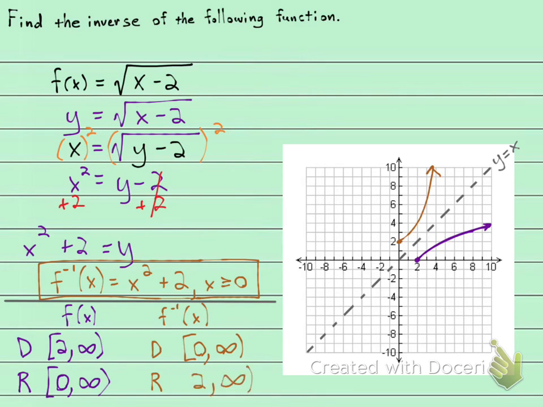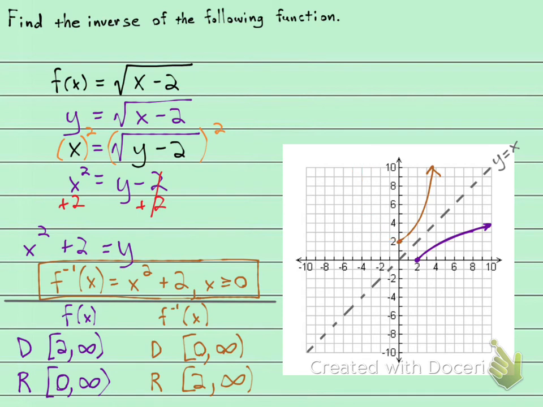Now look at your domain and range for the original function and the inverse function. Your domain, which is your x values, become your y values. Your range, which is your y values, become your x values for the inverse. If we had not done that, if we still left this part over here to the left, your domain would have been all real numbers, and you would have said, wait, they're not the same.